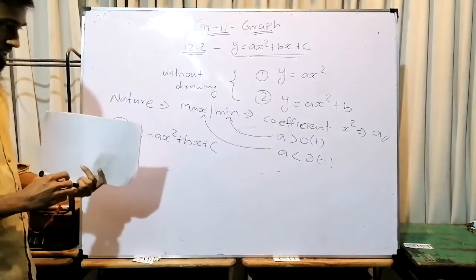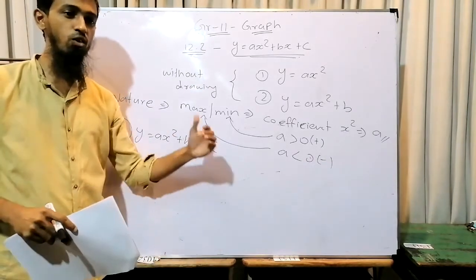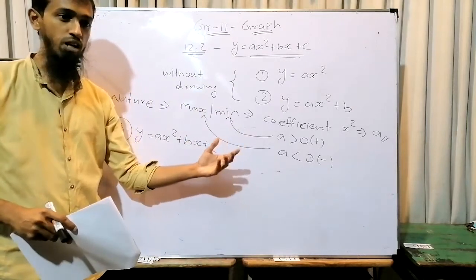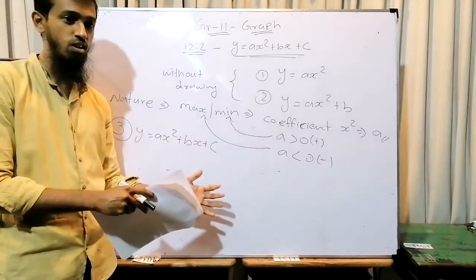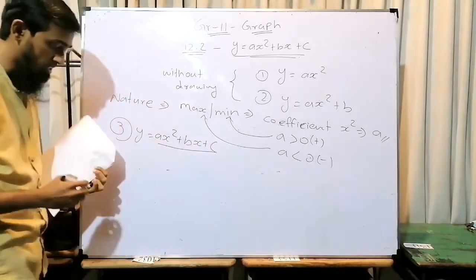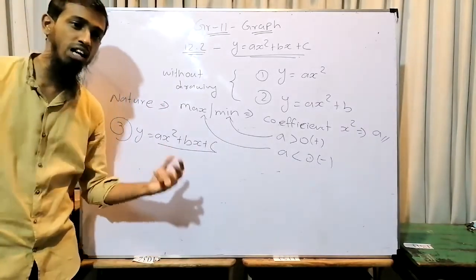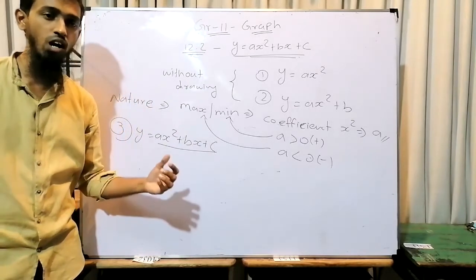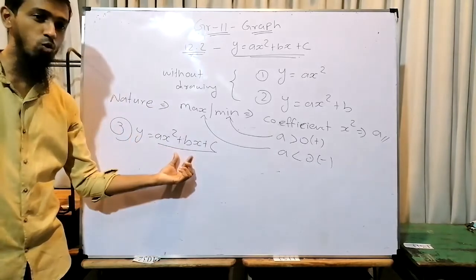That's why in your textbook, the graph comes before the equation lesson. But we studied equations first and then came to graphs, because ax squared plus bx plus c is the basic format of a quadratic equation or quadratic expression.